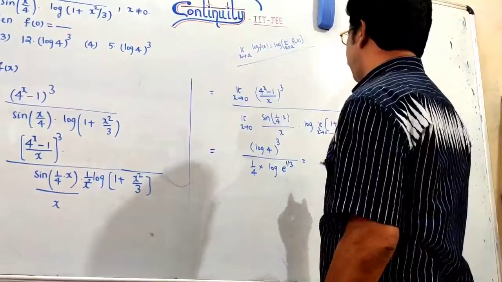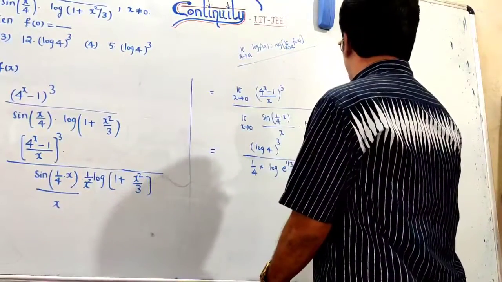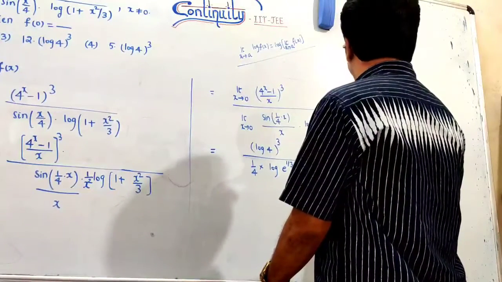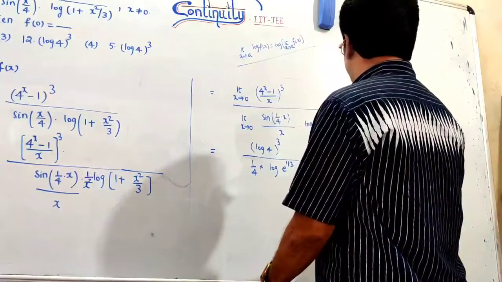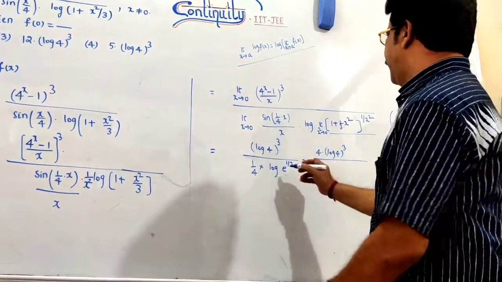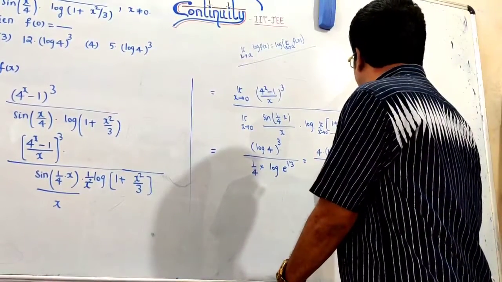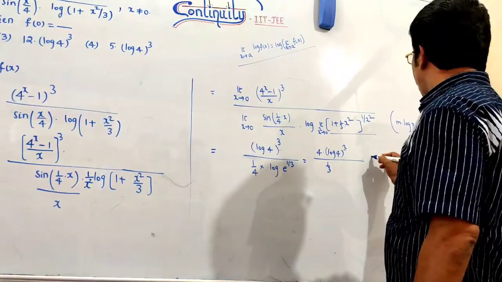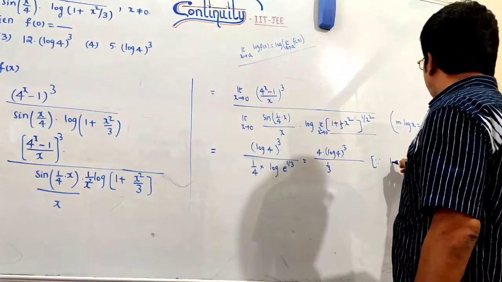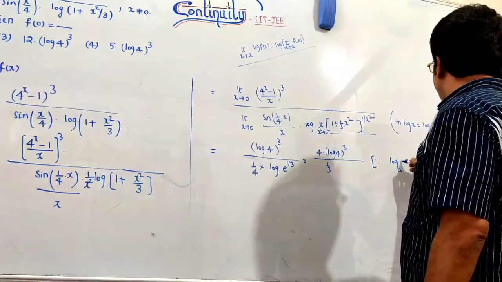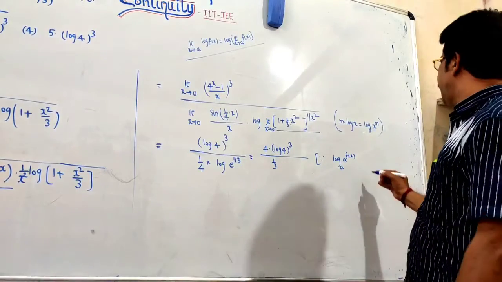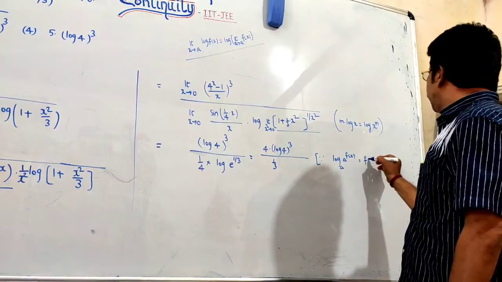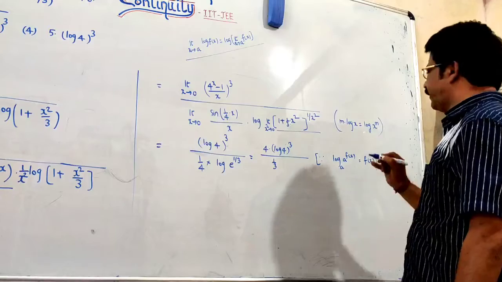So that is equal to 4 into log 4 whole cubed divided by 1 by 3, because log base a of a to the power of any function or any value is equal to the same f of x.